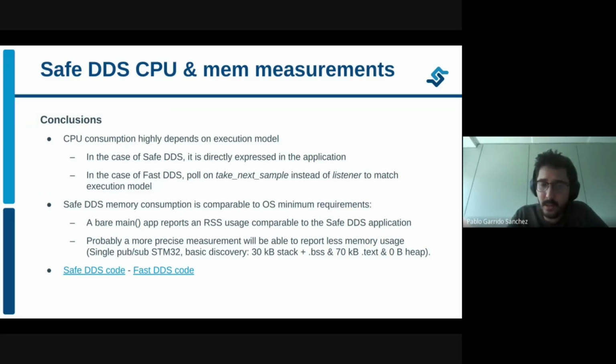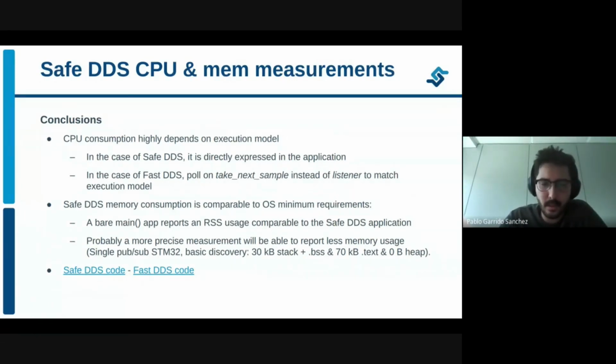That means that you can use SafeDDS in almost every mid-low range MCU that we are used to using. All those STMs, all those Cortex M3, M4, M7, even some M0s that are sold by ST Electronics can have enough memory to run a basic application using SafeDDS.